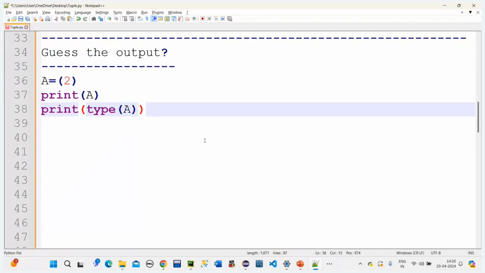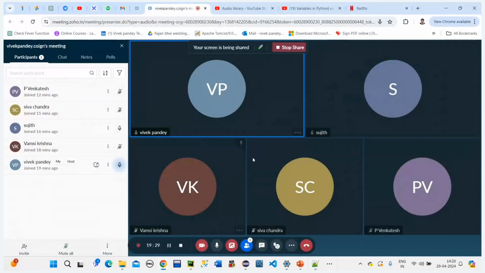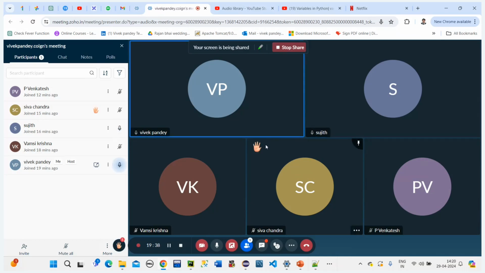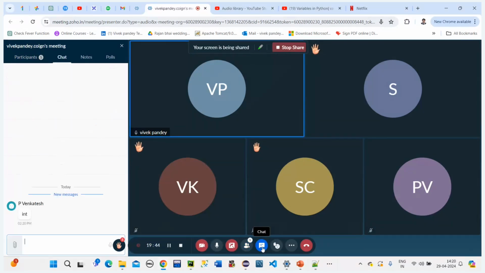Two and tuple, sir. And tuple. Okay, how many of you are saying 2 and tuple? Raise your hands. Okay, all are saying tuple except Venkatesh, or someone said int also.